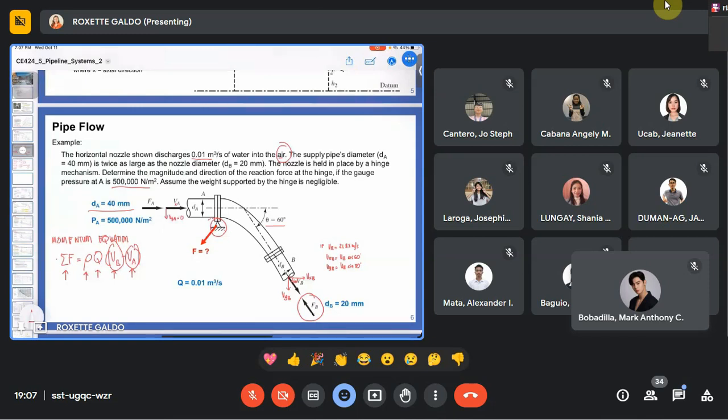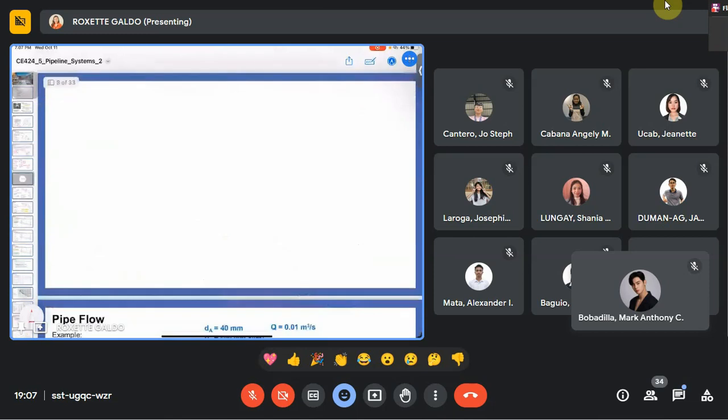So, summation of force is equal to the density of the water, Q, VB minus VA.